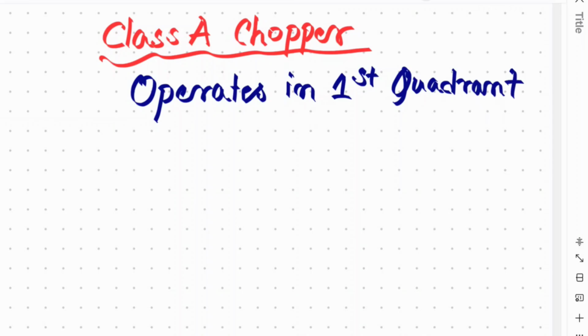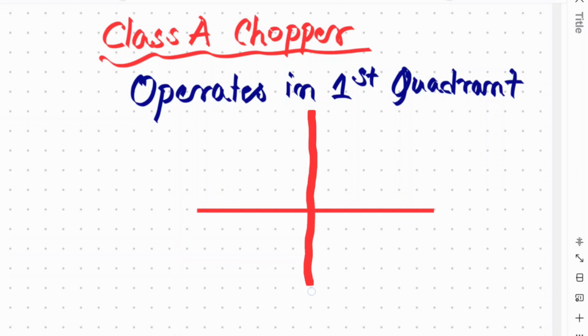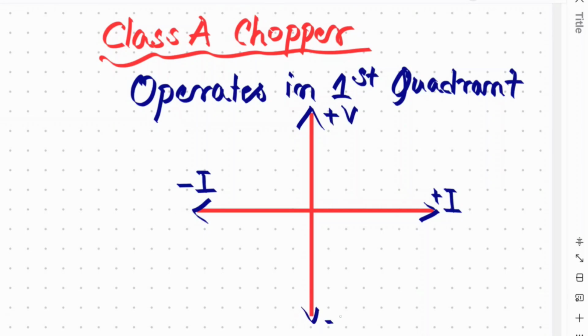The quadrant voltage and current plane is a graphical way to show how voltage and current interact in different chopper operations. If we draw a line horizontally and another line vertically, the x-axis represents current, this is negative I, and the y-axis represents voltage, positive voltage, and this is negative voltage.